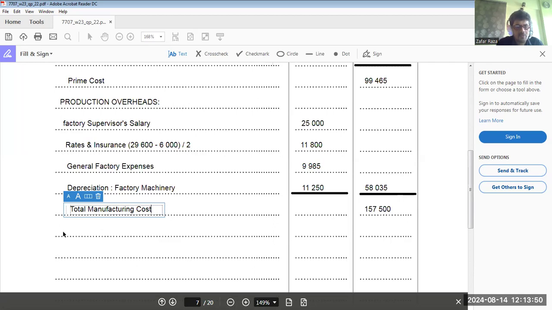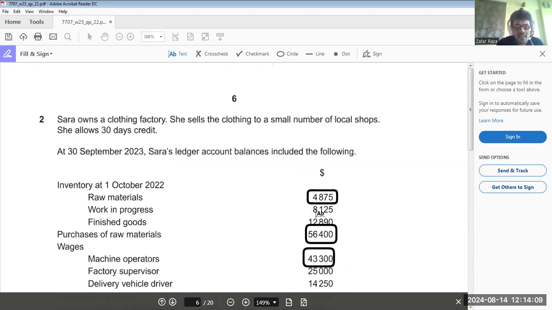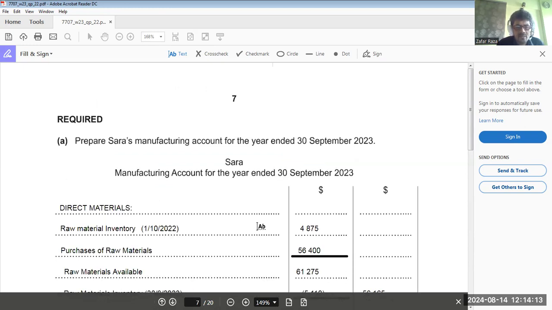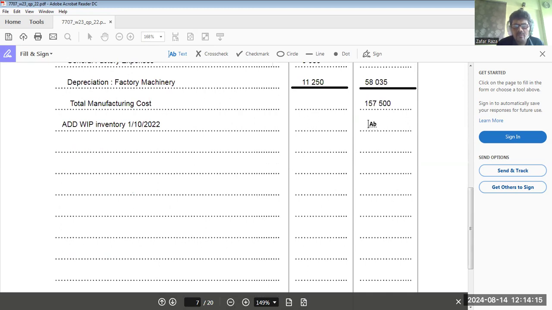Okay. Now what we have to do? We have to add work in process inventory on 1st October 2022. That was how much? Yeah, 8,125. What we have to do here?